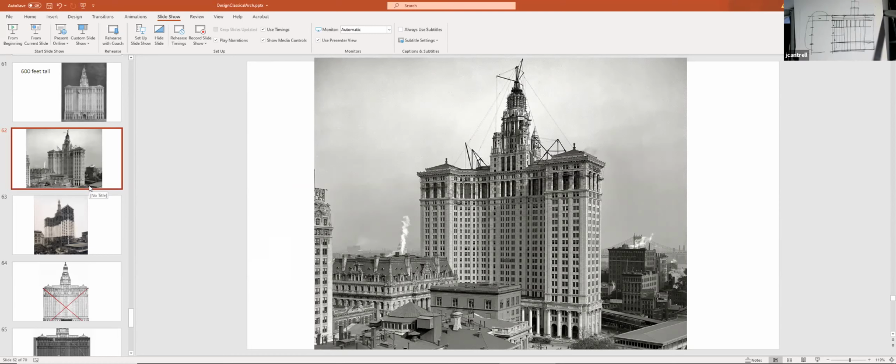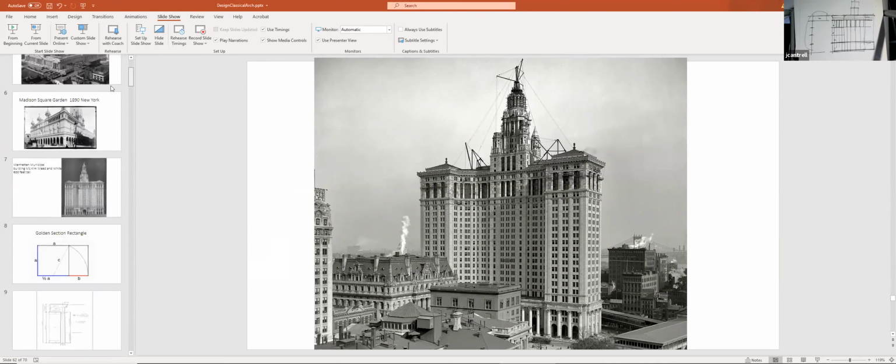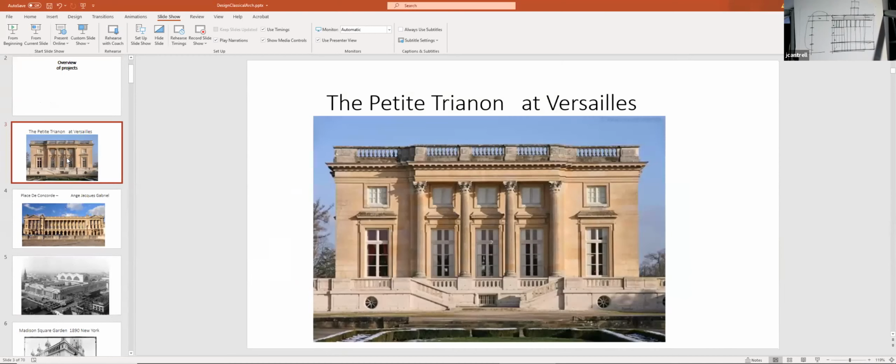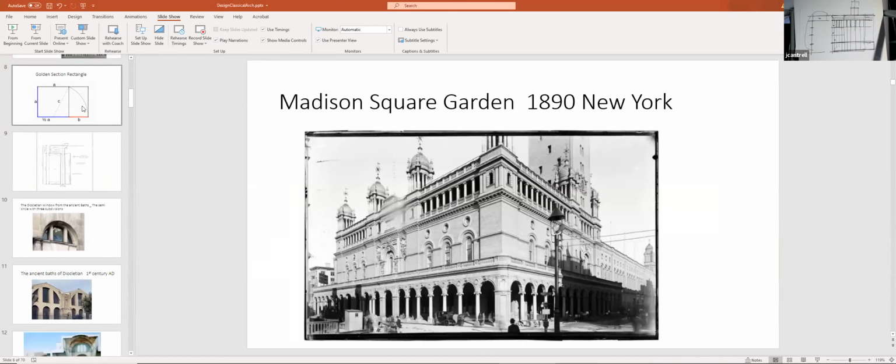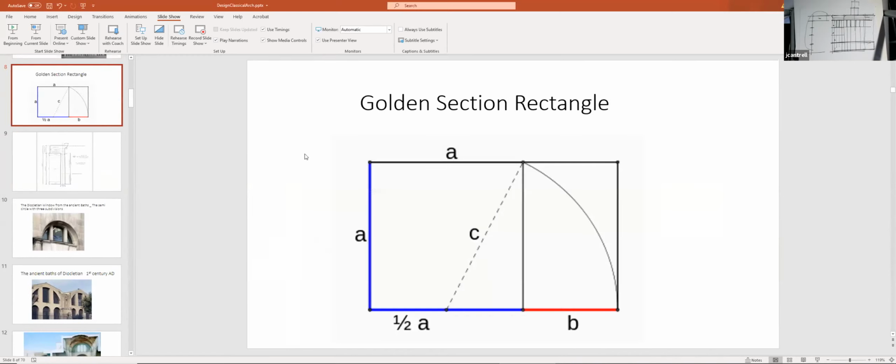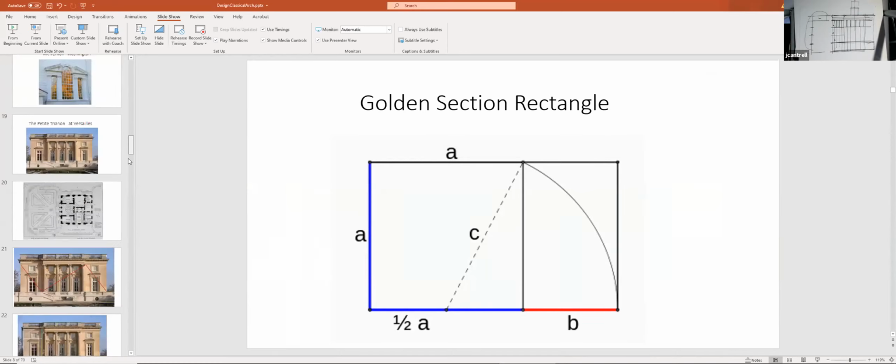So the entire proportioning lecture is taking a small diagram we've seen earlier in smaller buildings and increasing the scale using the same proportional system. This golden section rectangle could be any size, any proportion.